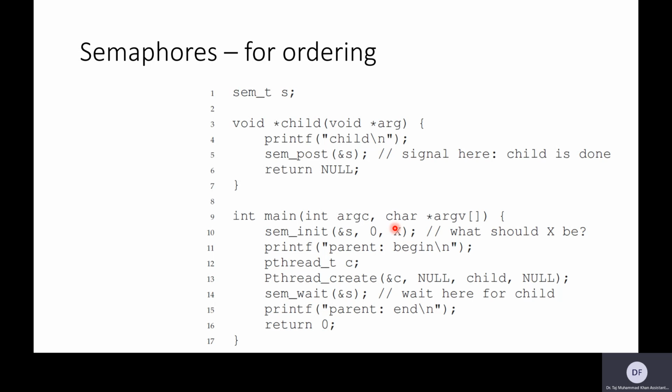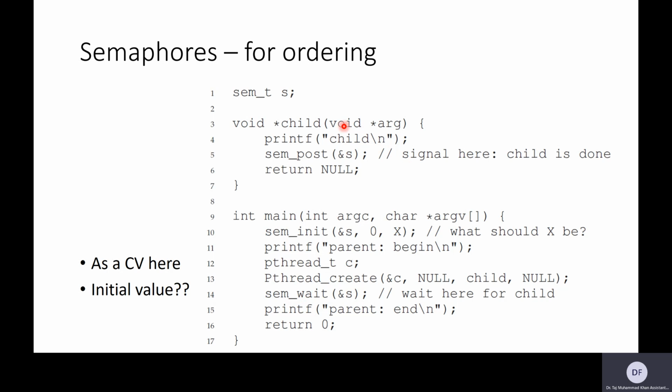Let's take both scenarios. Scenario 1, in which main runs first: the initial semaphore value is 0 and main calls semwait on the semaphore. Semwait, as you know, will decrement the value, which will become negative, and semwait will put the calling thread to sleep.